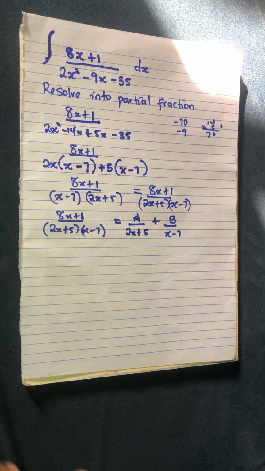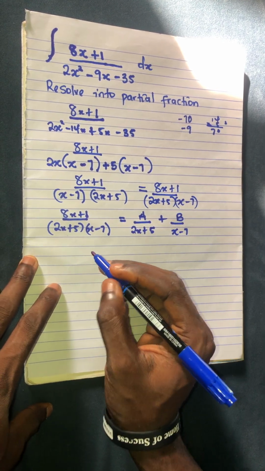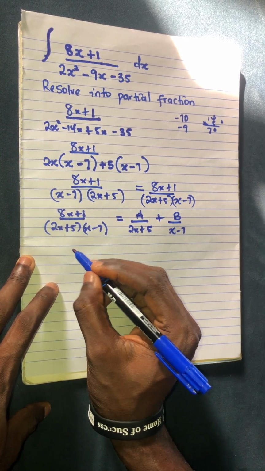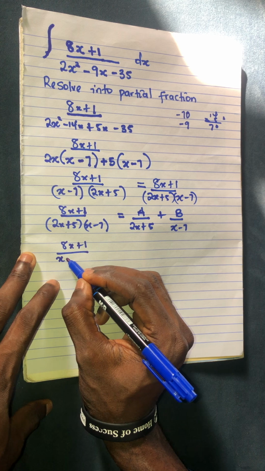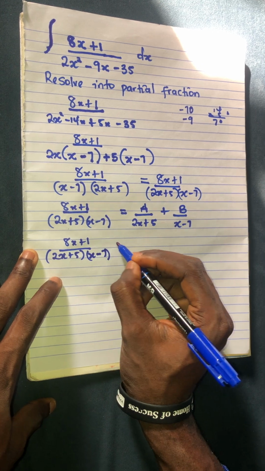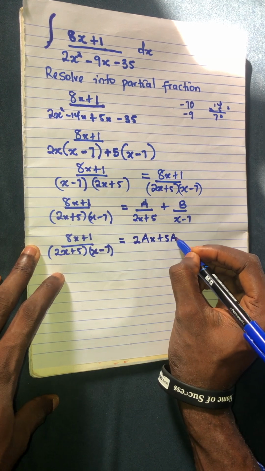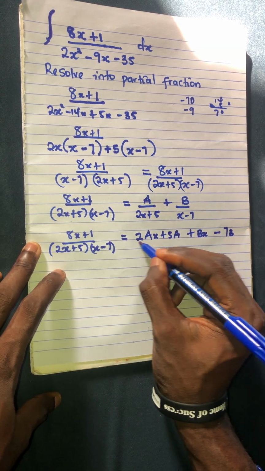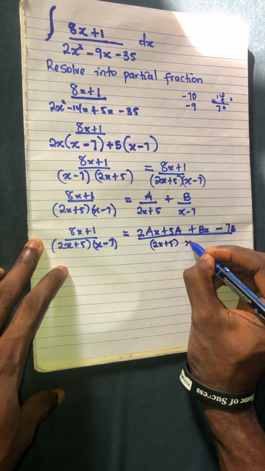So I can then have that 8x plus 1 all over 2x plus 5 and x minus 7 should be equal to 2ax plus 5a plus bx minus 7b, all over the same component of 2x plus 5, x minus 7.